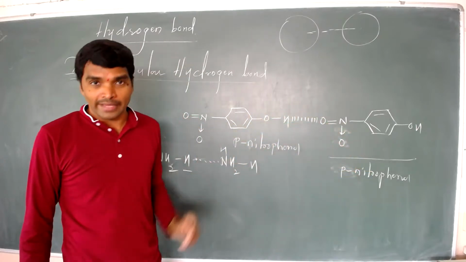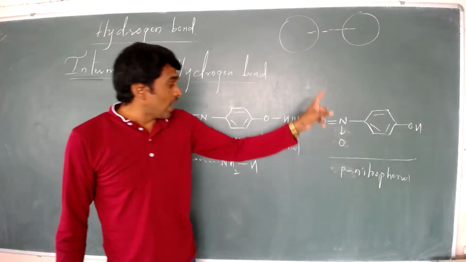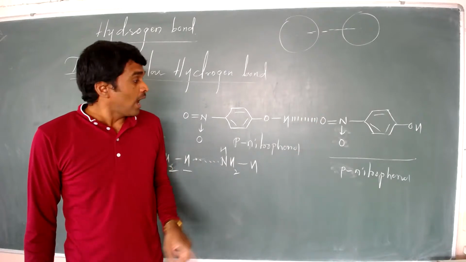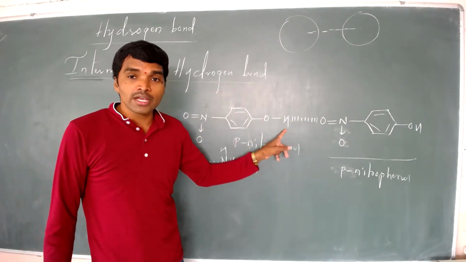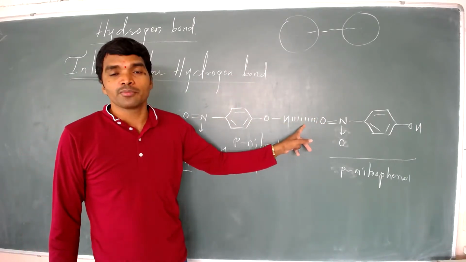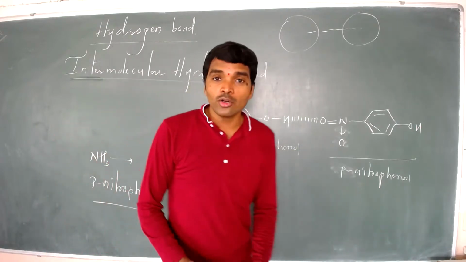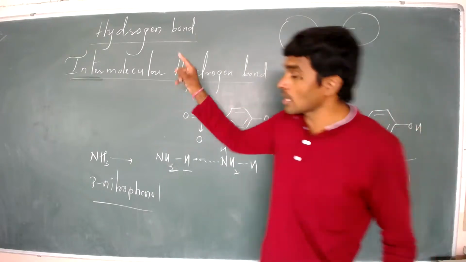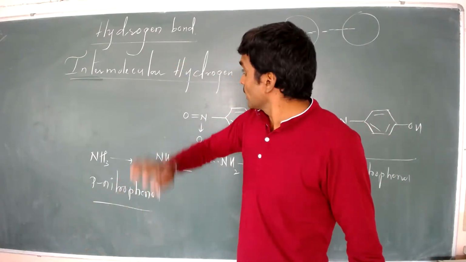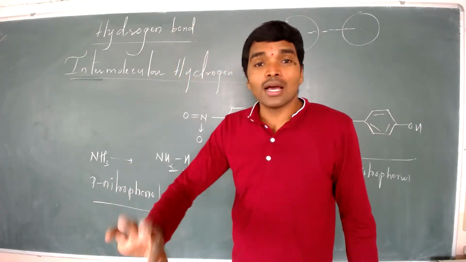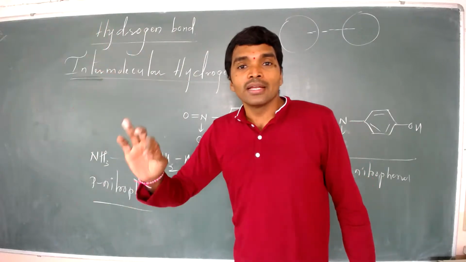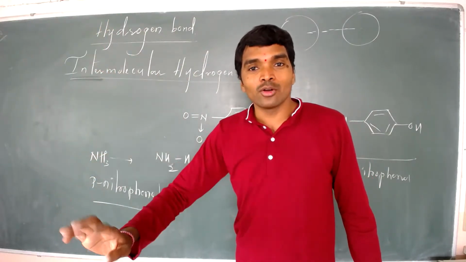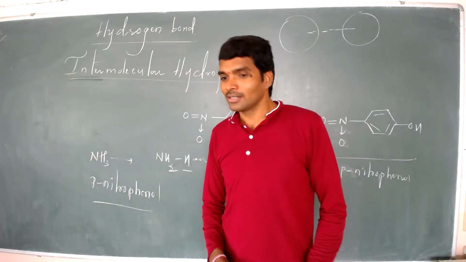Two molecules of para-nitrophenol have been taken. The oxygen of one molecule and the hydrogen of another molecule participate in the hydrogen bond. So the hydrogen bond is formed in between two molecules, and that's why this comes under intermolecular hydrogen bond.